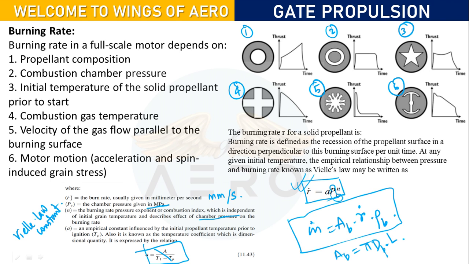Sometimes a is also known as a temperature coefficient or empirical constant. Please note down, a is also known as empirical constant or temperature coefficient. n is also known as burning rate exponent or combustion index.